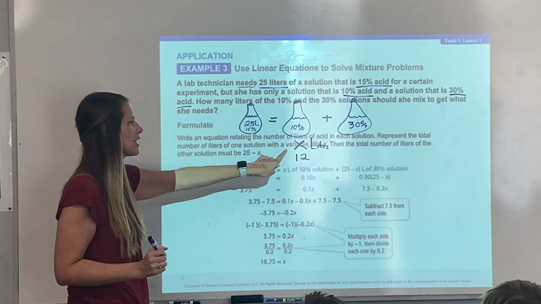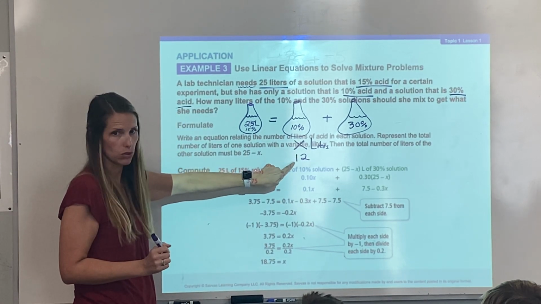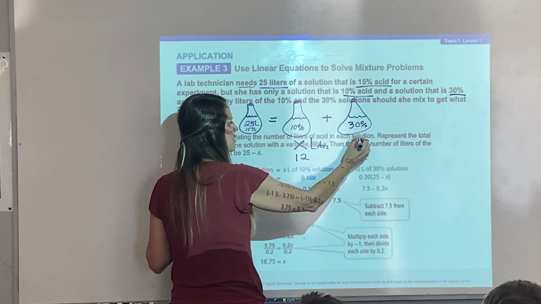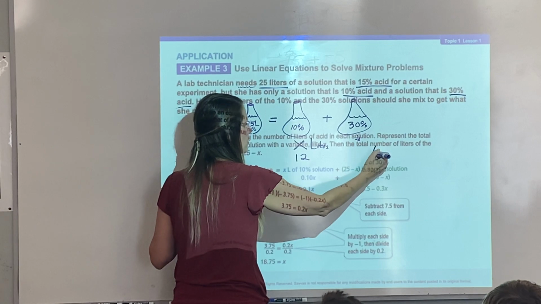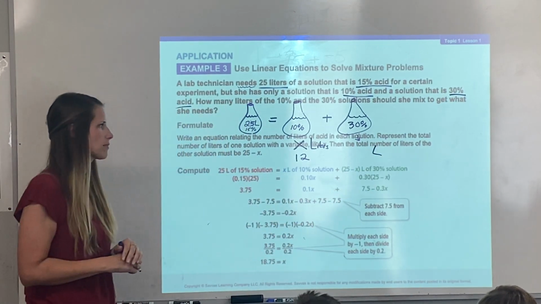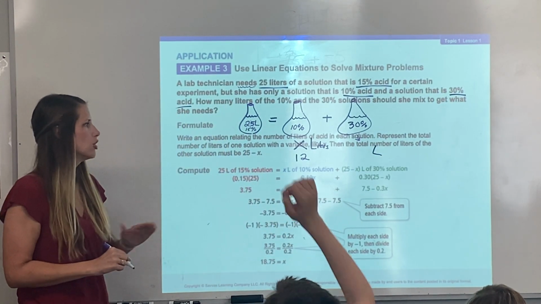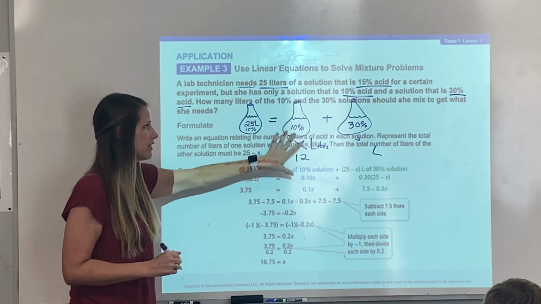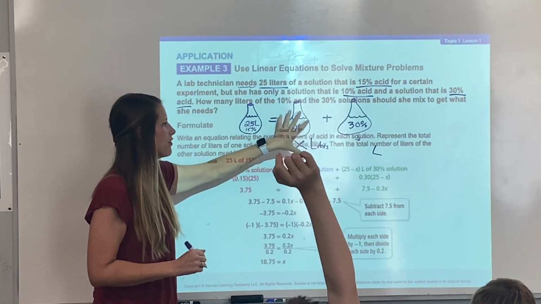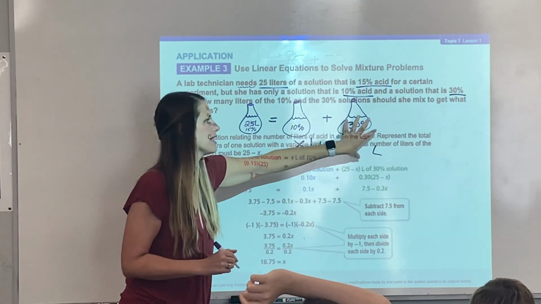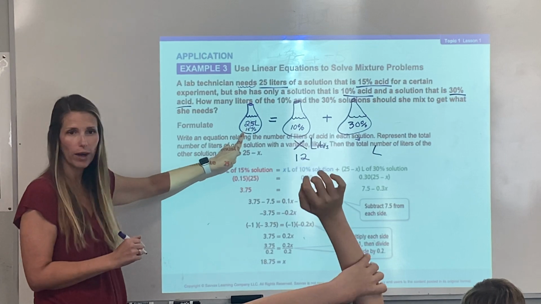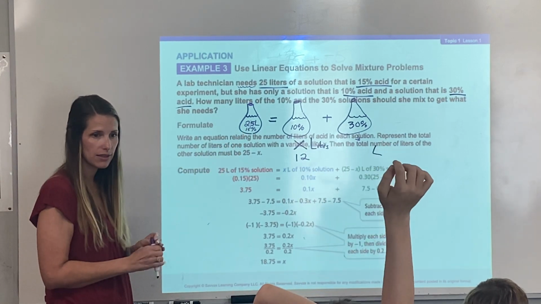How can we use X, 12, to represent this solution in liters? 12 is part of it. The 12 and the other amount of liters has to add up to 25. Yes?